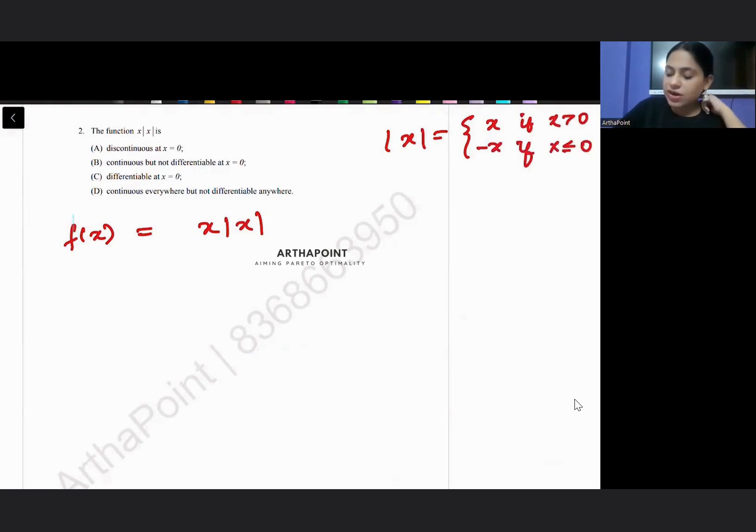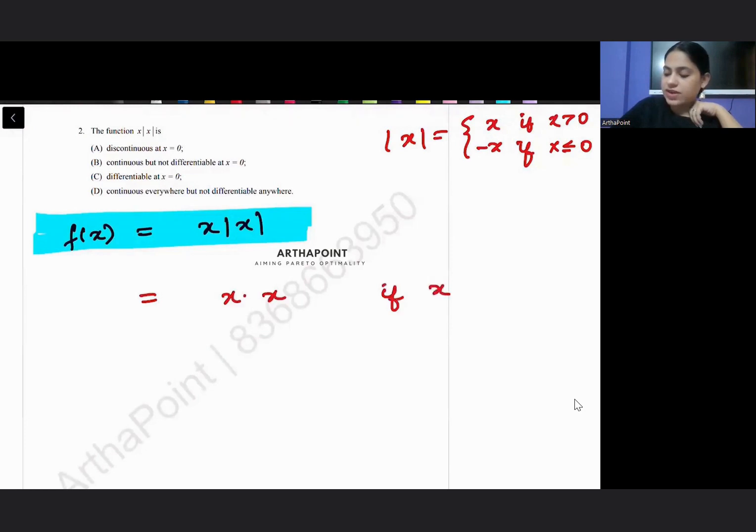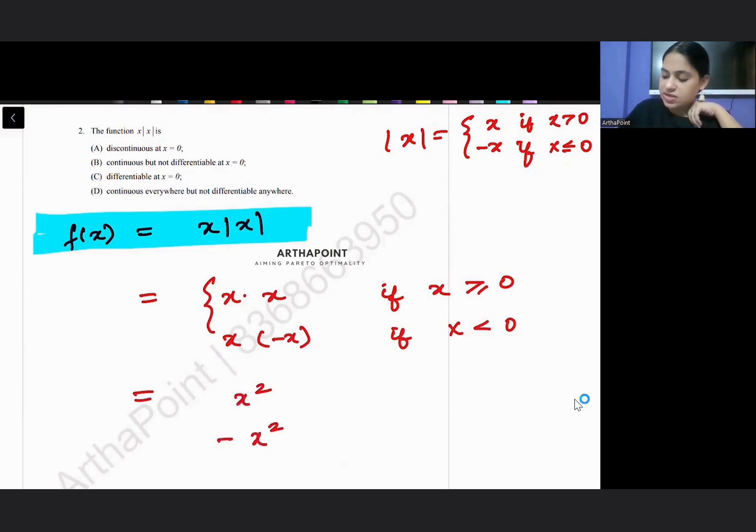So if I were to go ahead and open this function f(x) is equal to x mod x, this is going to be x into x if x is positive, and this is going to be x into minus x if x is negative. So we will get x square and minus x square respectively if x is positive and if x is negative.